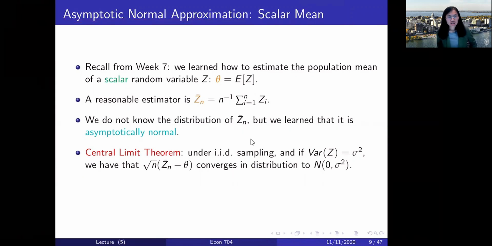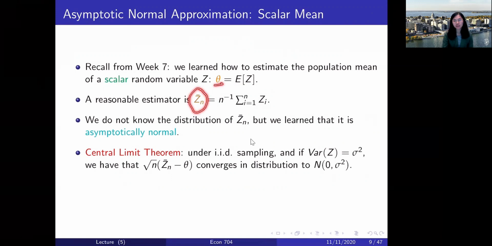Let's recall from week 7, when the goal was to estimate the population expectation of a scalar random variable Z. Say the parameter of interest is just one parameter theta, which equals the expectation of Z. Suppose we use the sample average as an estimator for the population expectation. So we use Zn bar to estimate theta.